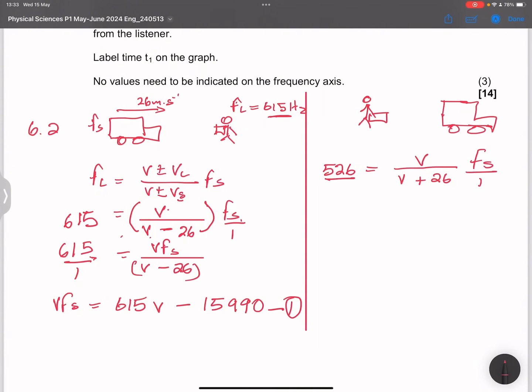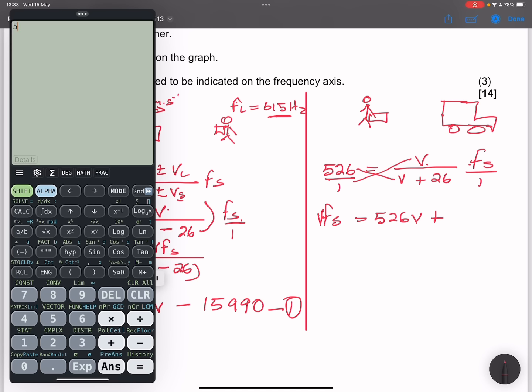Okay, so again, V times Fs times 1 will give me VFs, and if I cross multiply again, this would be 526V plus 526 times 26, that would give me 13,676.